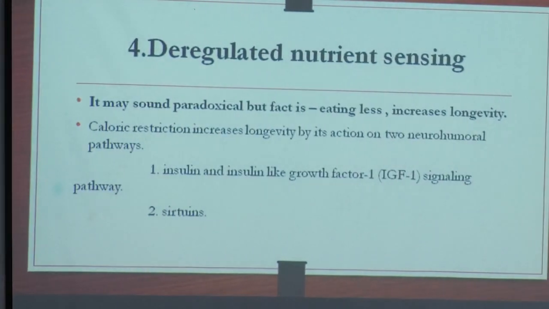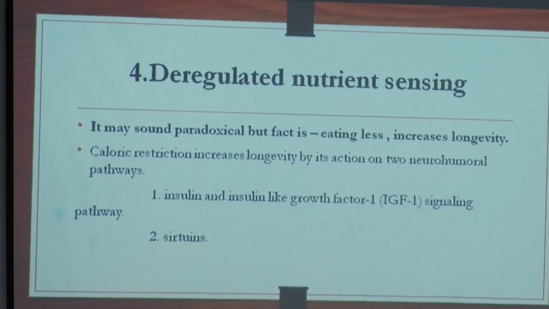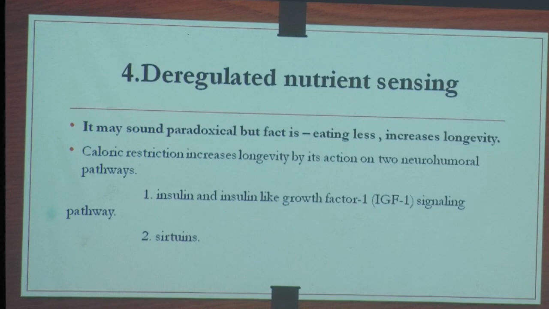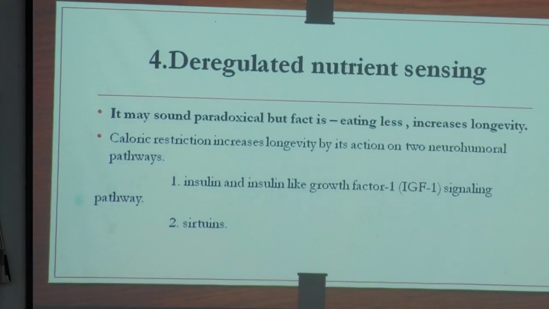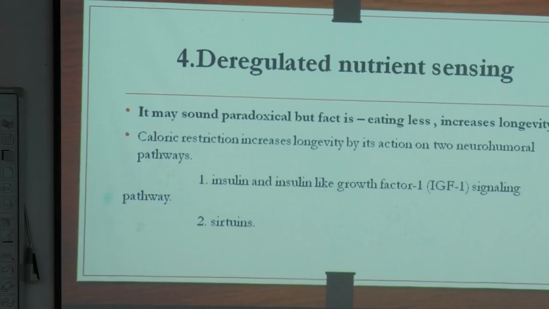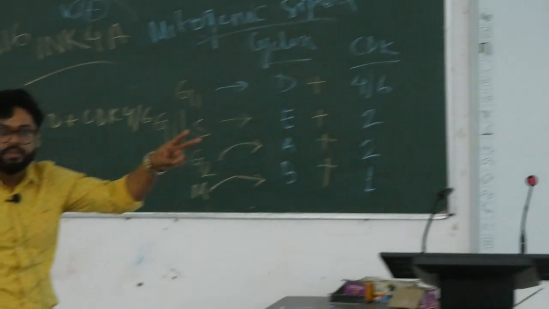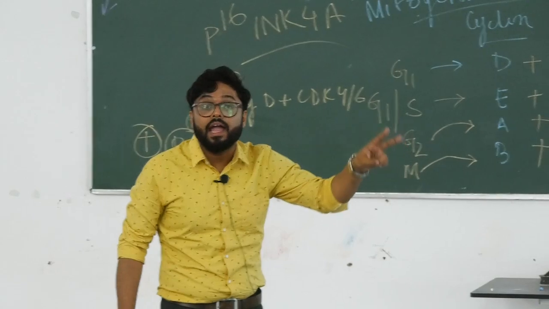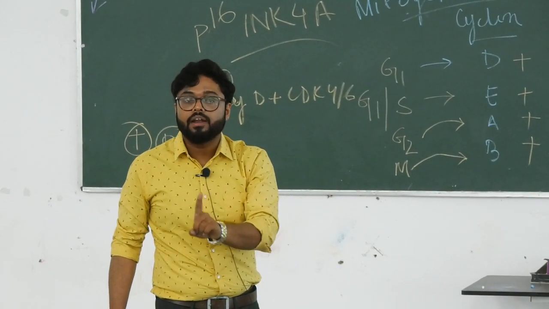Fourth important mechanism is abnormality in nutrient sensing. At the bottom is the mitochondrial signal. There are two neurohumoral pathways by which less calorie intake causes longer life.